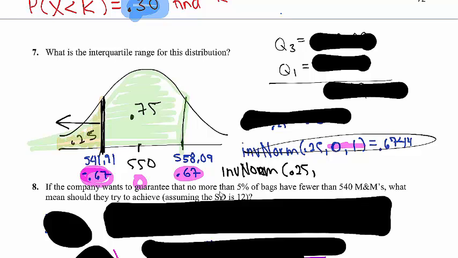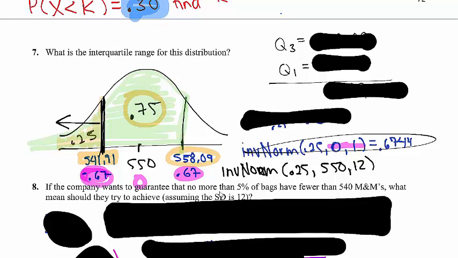0.25 with a mean of 550 and a standard deviation of 12. And if you did that, it would give you this 541.91. And then you would do it a second time, putting 0.75 in, and it would give you this value.